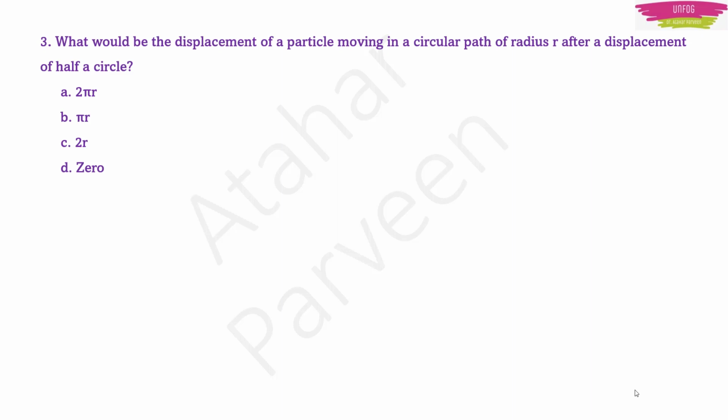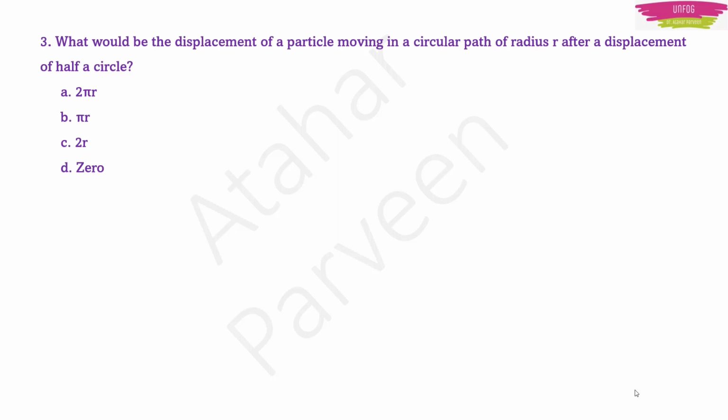Its initial point is at one point of the circle and its final point is the opposite point on that circle. If you draw a line connecting this initial point and final point of that particle, then you will understand that the distance between the initial and final point inside the circle is going to be the diameter. That diameter is equal to 2r.